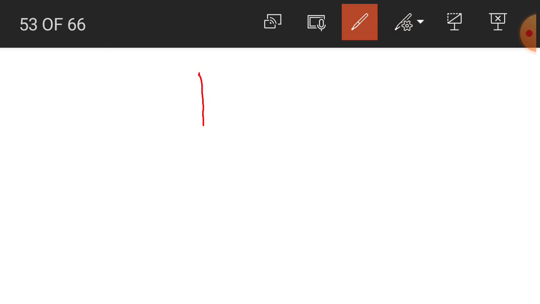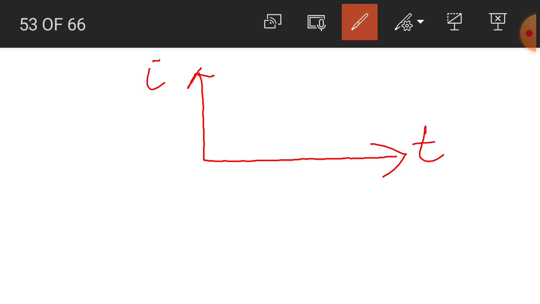So let me consider the current in region number 2. This is how the current varies in region number 2. So we consider this end of the line where the time is 1.